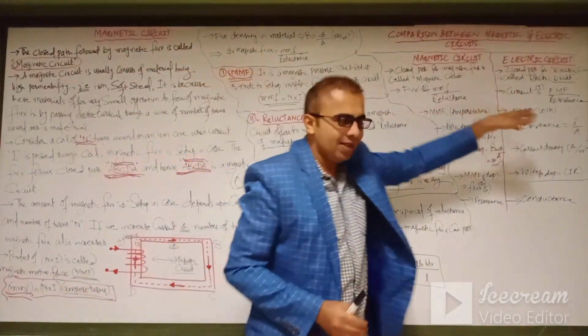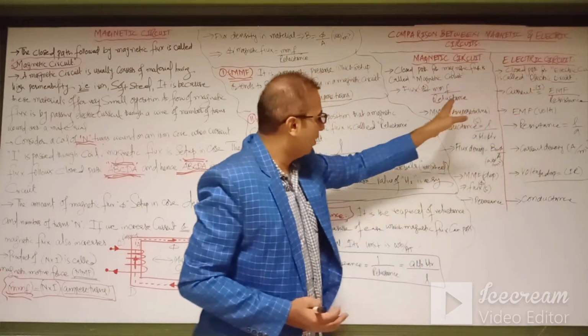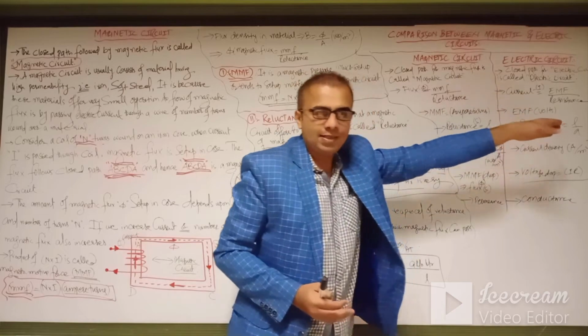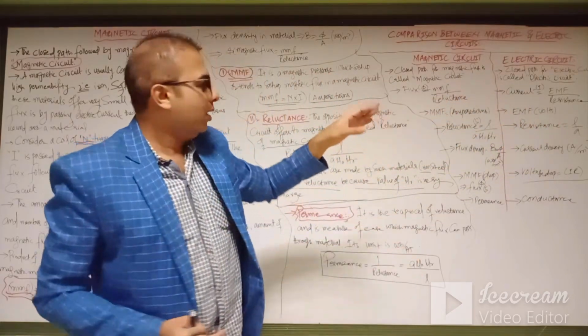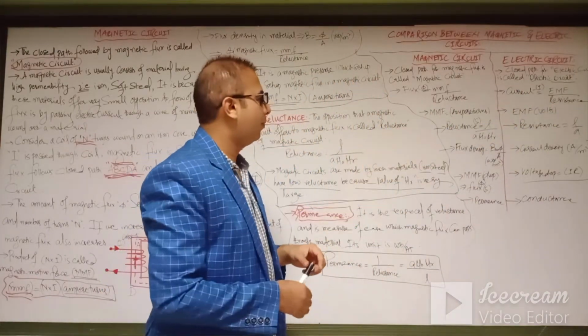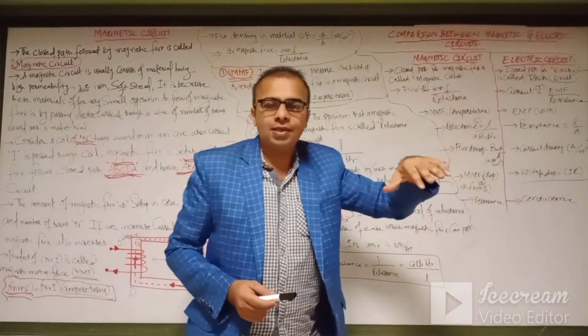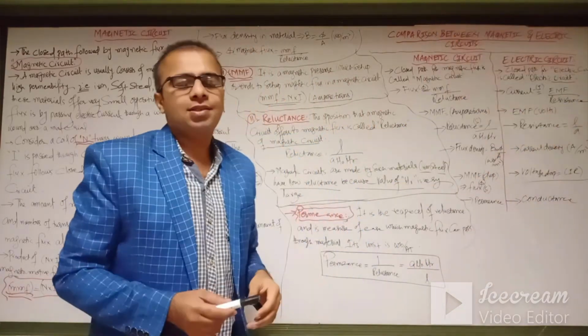MMF is analogous to EMF, and reluctance is analogous to resistance. So current I will be the ratio of E divided by R, or V divided by R. MMF is in ampere turns, and EMF is in volts.